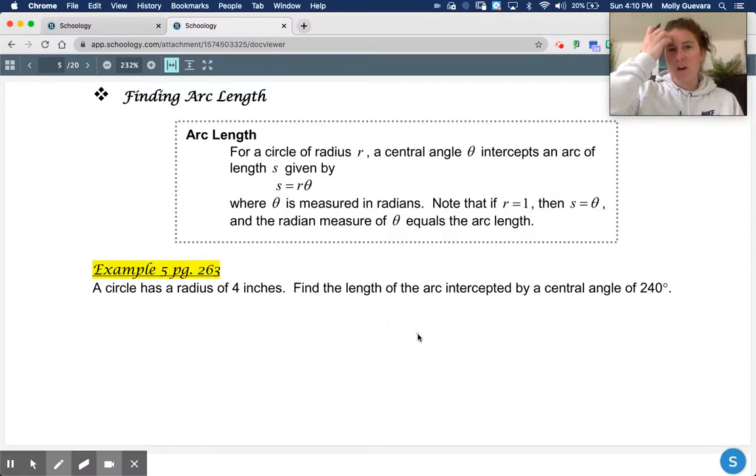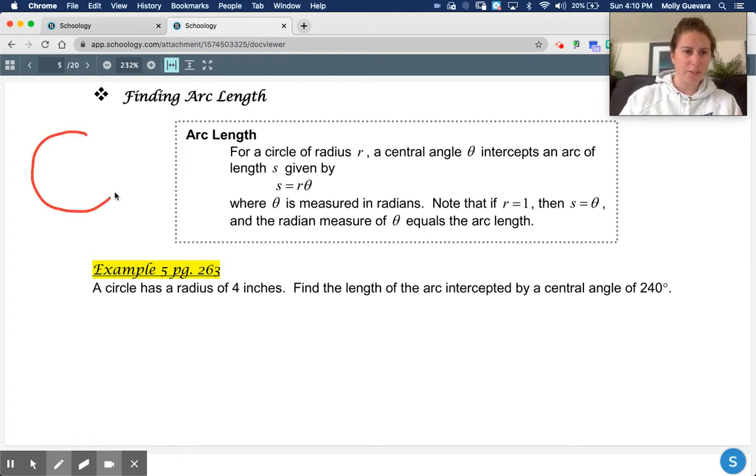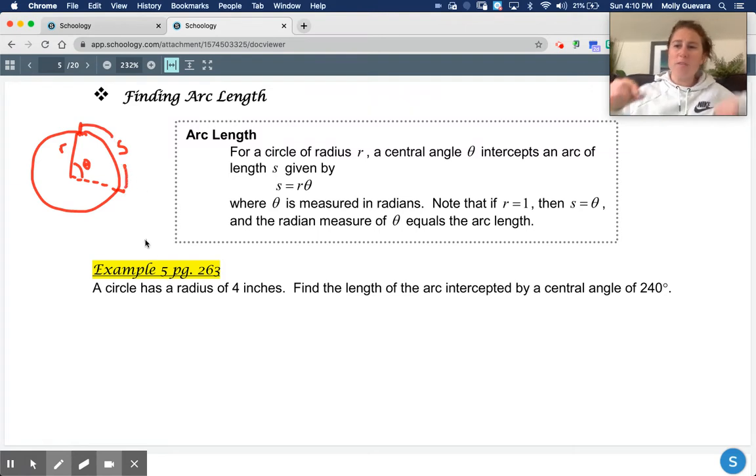All right, so here we have arc length. Remember that arc length, if I have a circle with radius r, and this angle is theta, my arc length is from here to here. That's my S. And even though it's curved, it's how long it would be if you flattened it out and straightened it out.